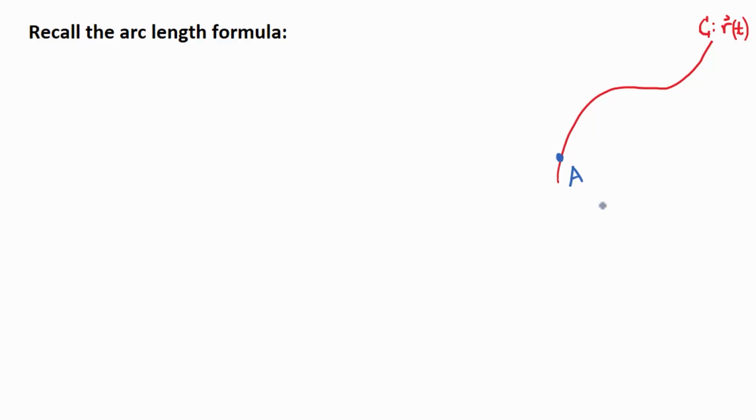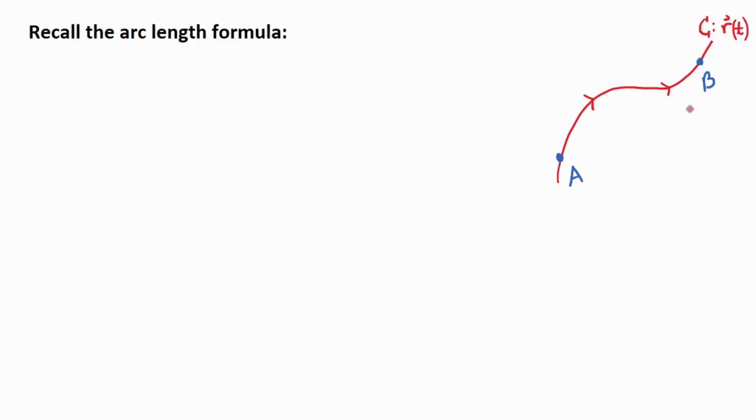T usually stands for time here. It doesn't have to, but it usually does. So imagine r of t gives the position of a particle at time t. And we're parameterizing it so that we're traveling kind of in the northeast direction, kind of this way, right?